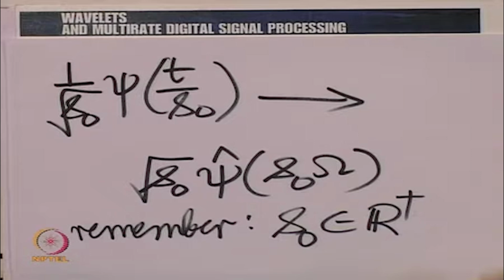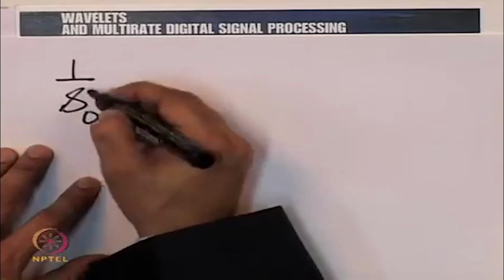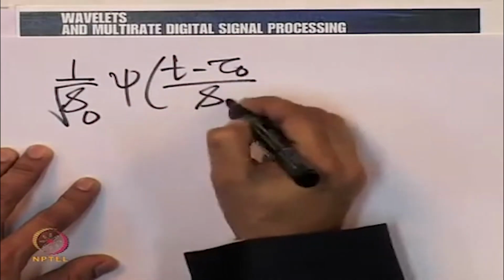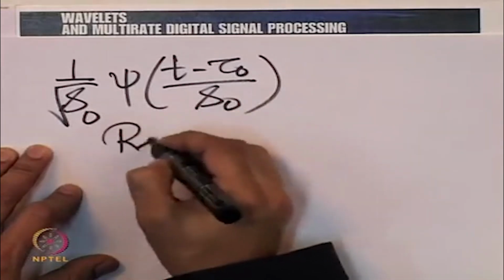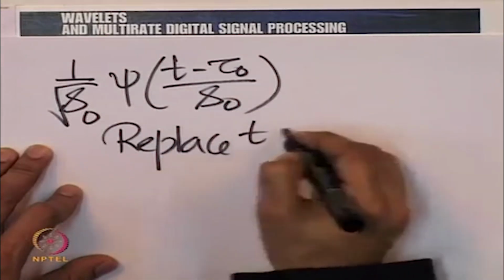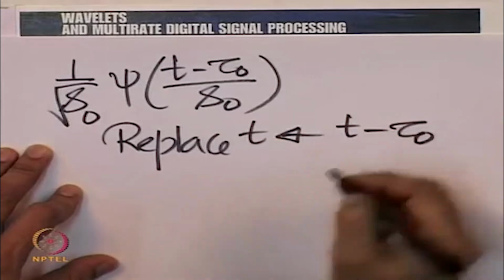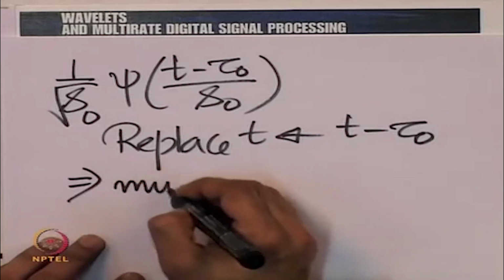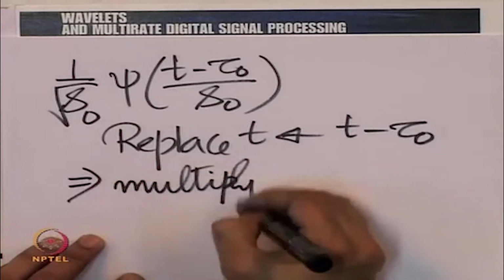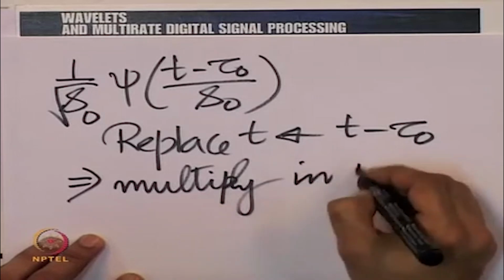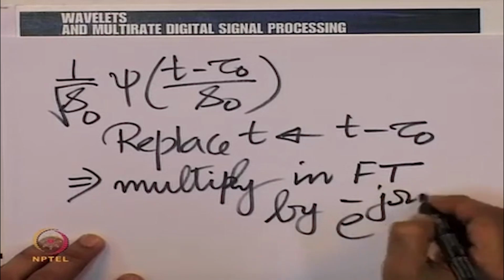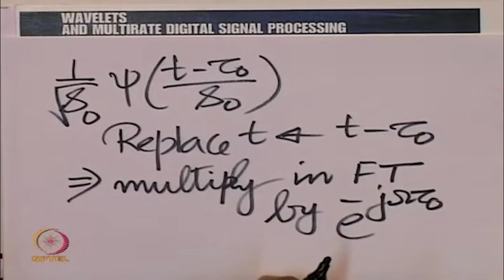Now, if we wish to find the Fourier transform of 1 by square root S naught psi of (t minus tau naught) by S naught, all that we are doing is to replace t by t minus tau naught, and that amounts to multiplying in the Fourier domain by e raised to the power minus j omega tau naught.